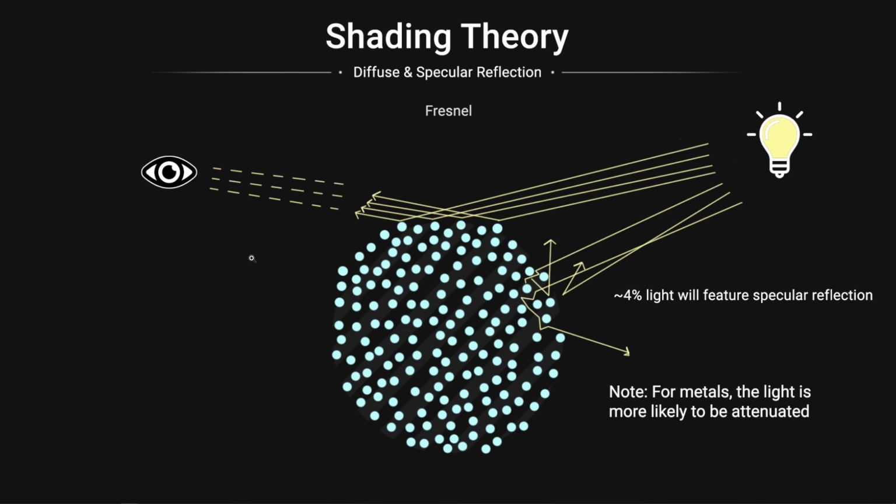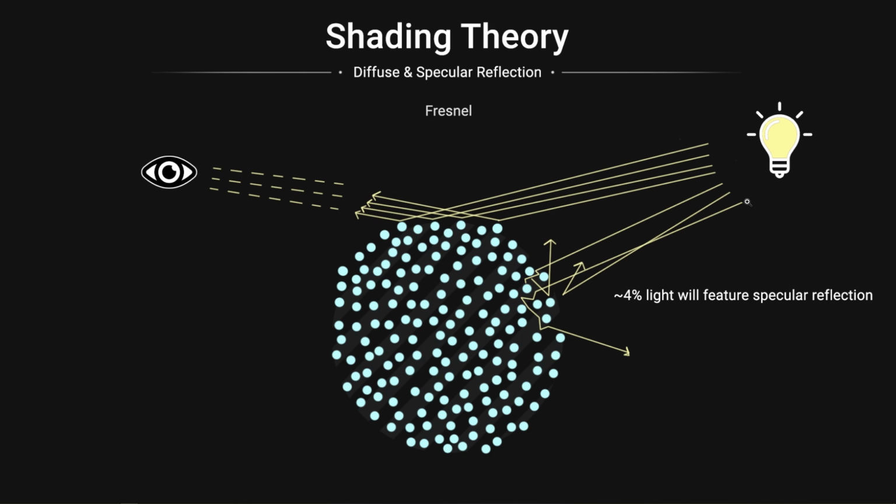This also accounts for why 4% of the light in a dielectric material is a specular behavior. That's because we still have atoms along the surface here, and sometimes the light will hit these atoms directly and bounce off. Like you can see this happen right here. But the remaining percentage of the time, the light is entering into the medium, bouncing around, behaving diffusely, or it's being absorbed.